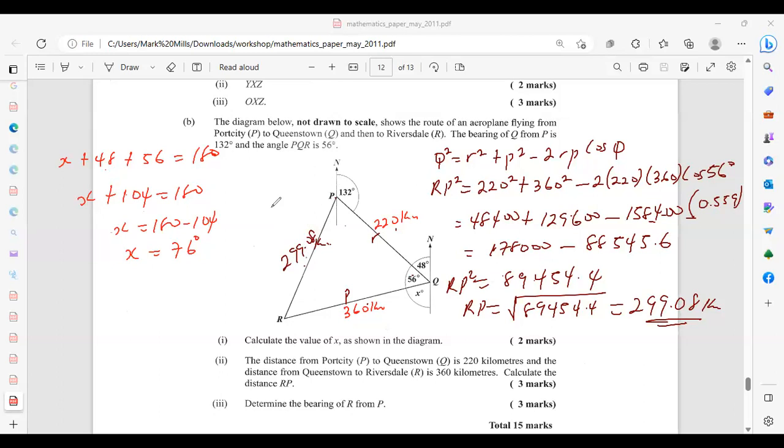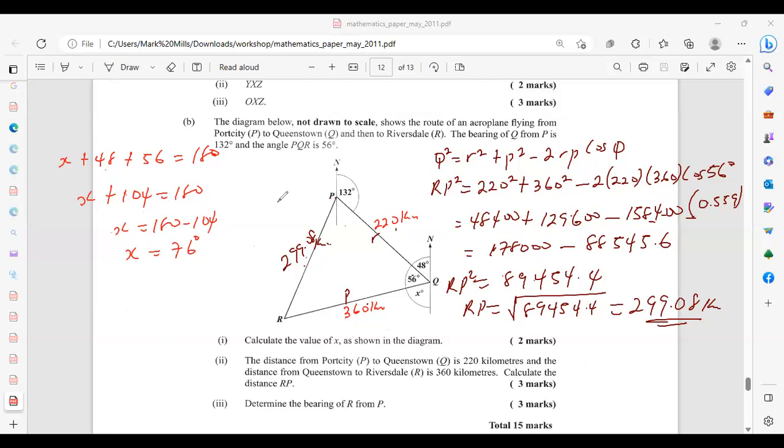So we good so far? Yes, sir. All right. So the last question on this, they say, determine the bearing of R from P.